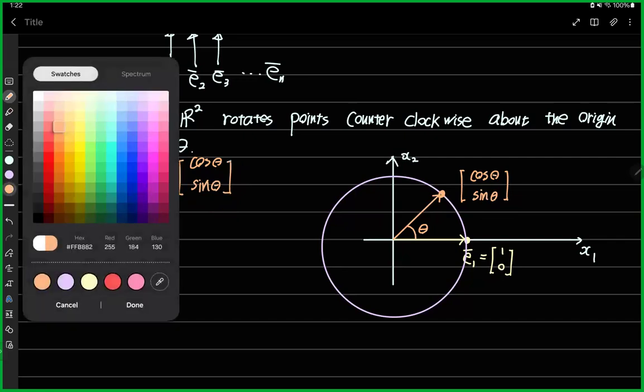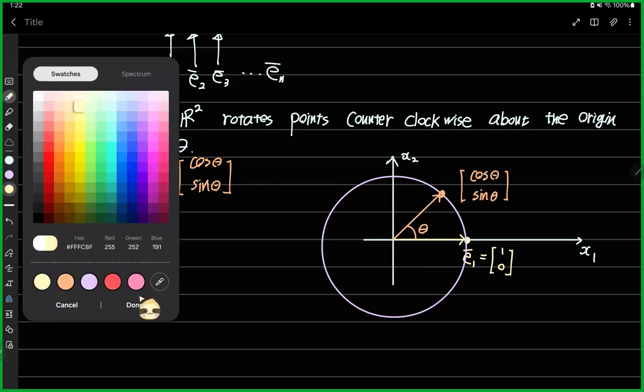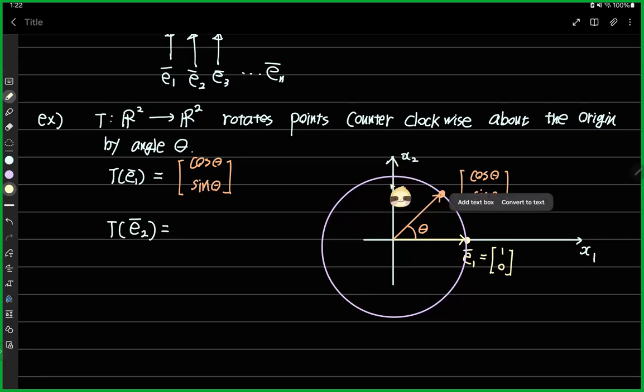Let's figure out the linear transformation of E2, because this is R2 to R2, so we need to think about two standard basis vectors, E1 and E2. Where is E2? E2 is right there on the X2 axis, the vertical axis.